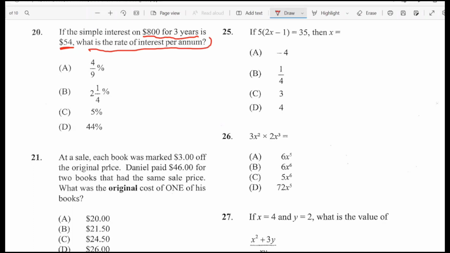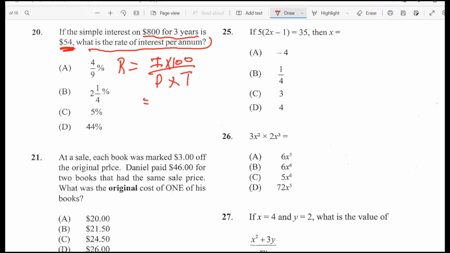So the thing is, they want the rate. What's the rate of interest? So let us look at this. Let us say you remember the formula. The rate is simply your interest times 100 over your P times your T, all right?